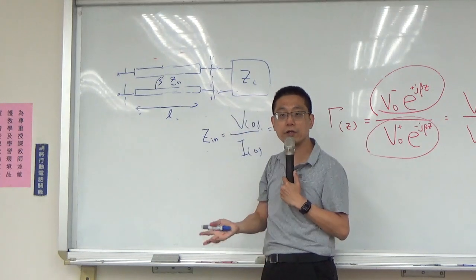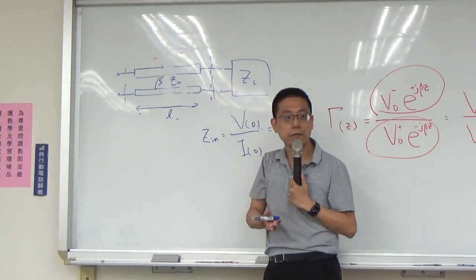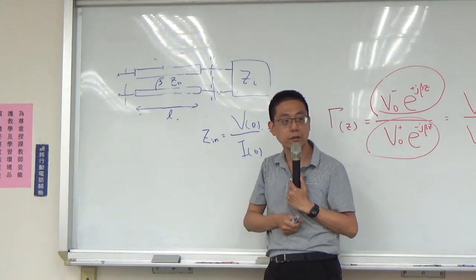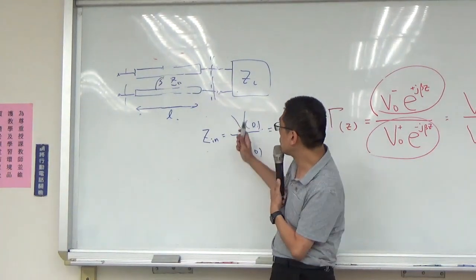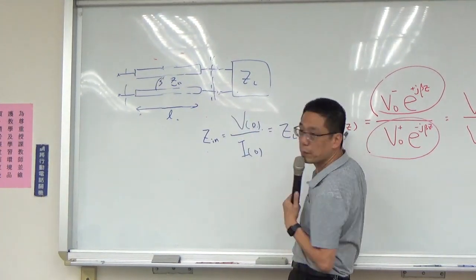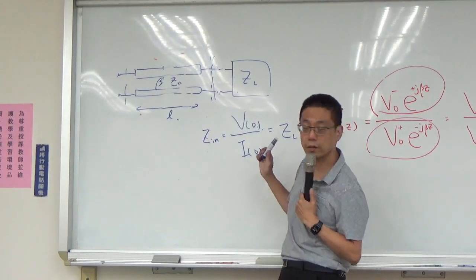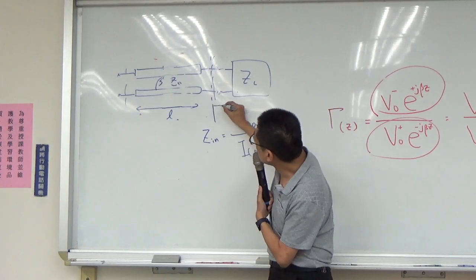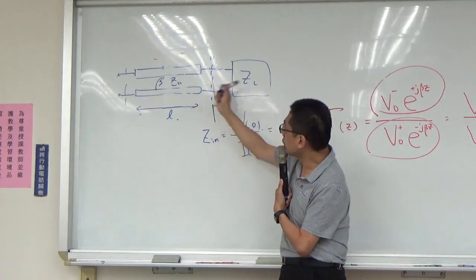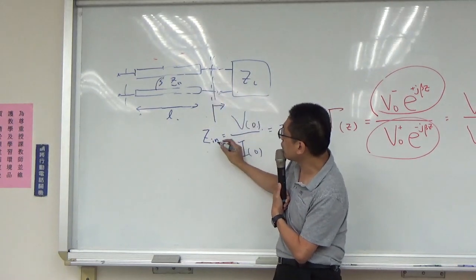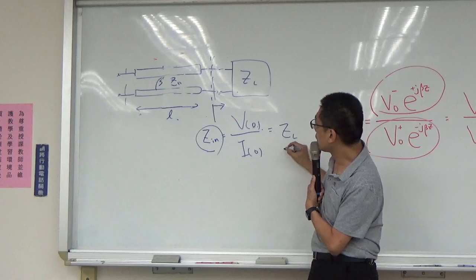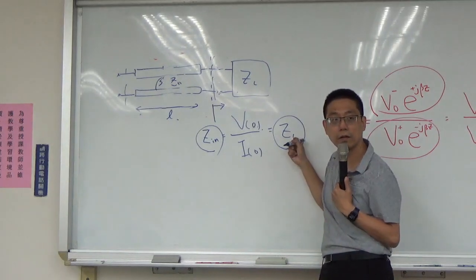Because the definition is too broad, it's not accurate. Your impedance, the same as this gamma, has direction. Your impedance read in this direction is this one.